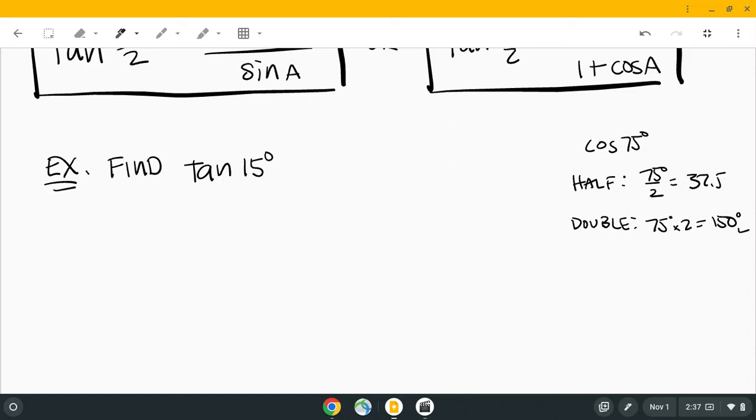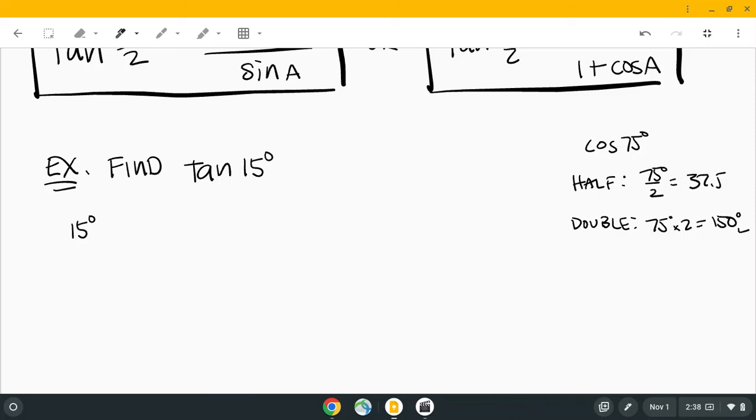Same thing here, because we're dealing with a lot of formulas now: sum and difference, half angles, double angles. Just like the 75, you could have used the sum formula. Same thing with 15. That's just sort of a coincidence. You might be given an angle where you can't use the sum or difference formula. You actually have to use a double angle formula or a half angle.